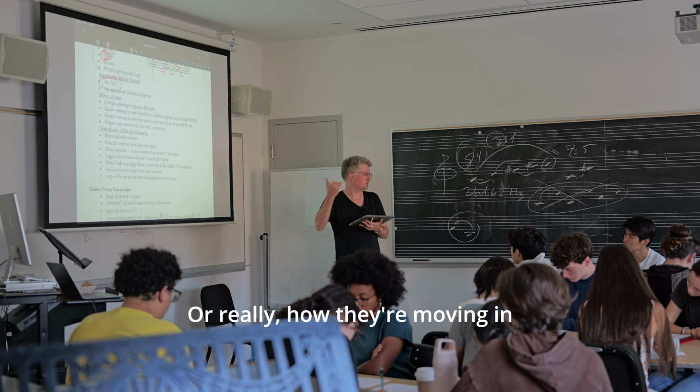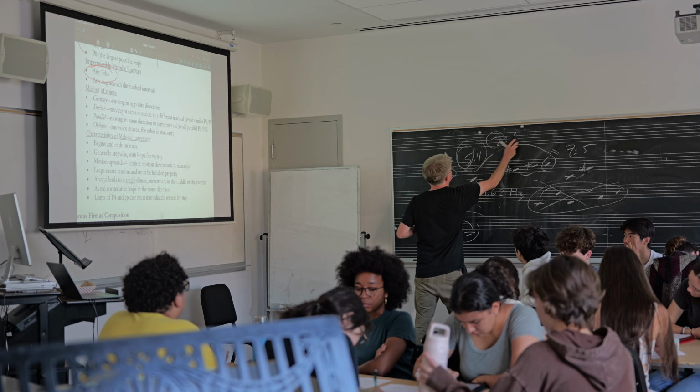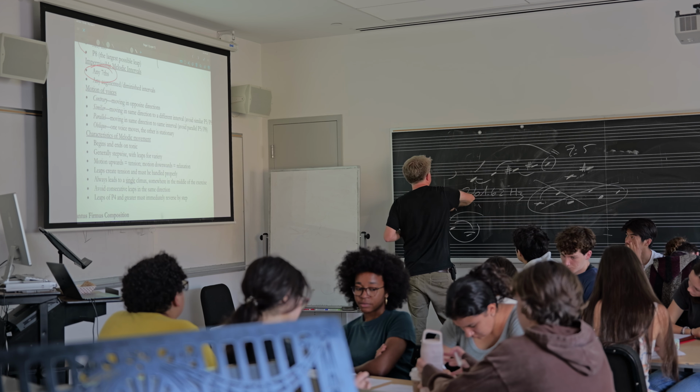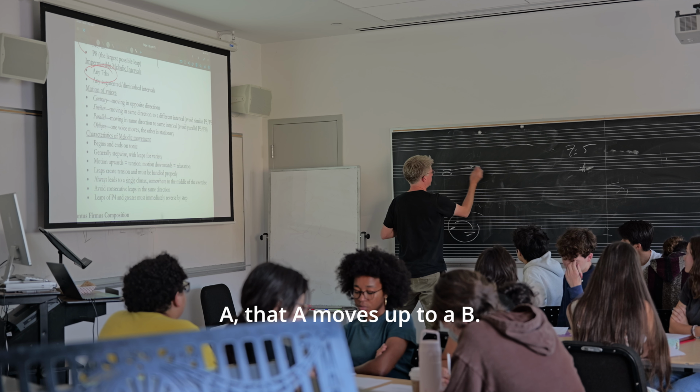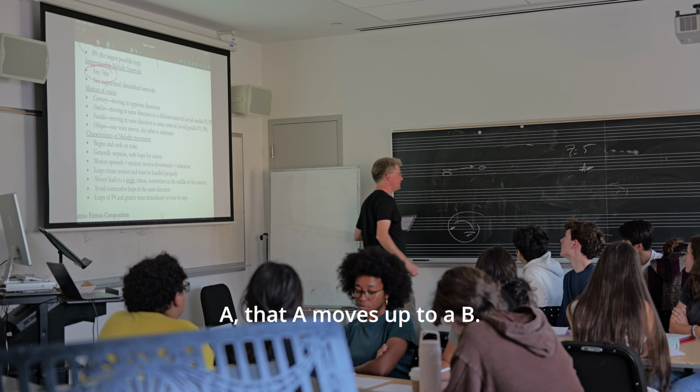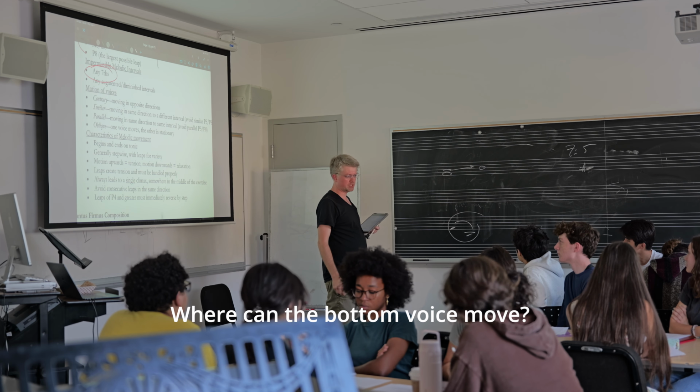So if I had, I need to clean this up a little bit, get rid of the math. So if I had an F and an A, and that A moves up to a B, where can the bottom voice move?